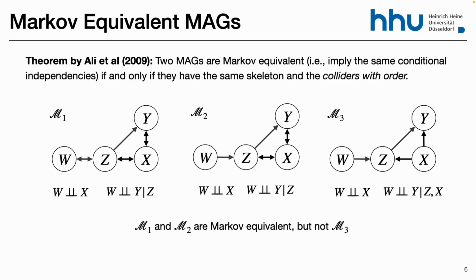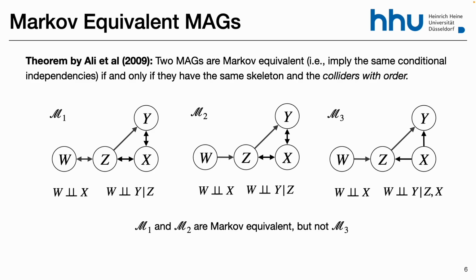So you see here W, Z, X, and Y as a discriminating path for X. Since X is not part of the separating set between W and Y, it's a collider. So X is a collider of order 1 in the triplet Z, X, and Y. Got it?